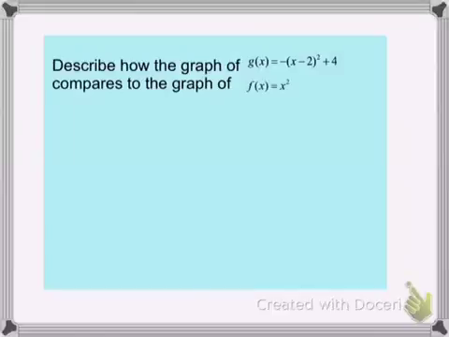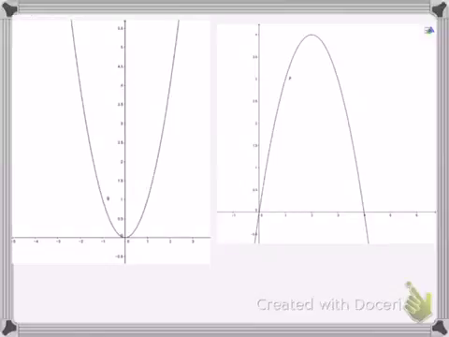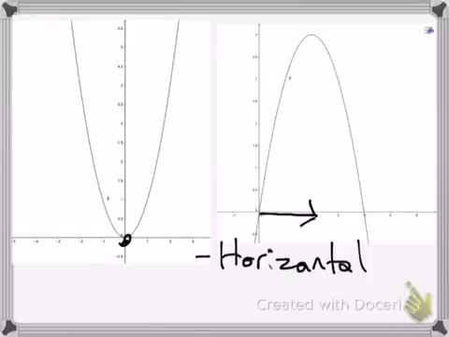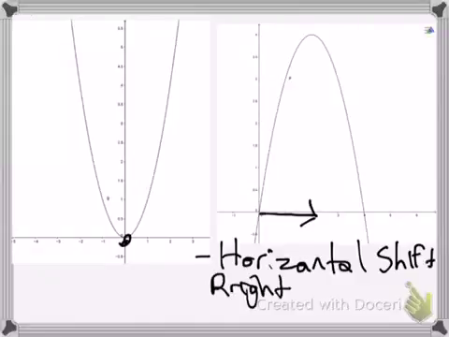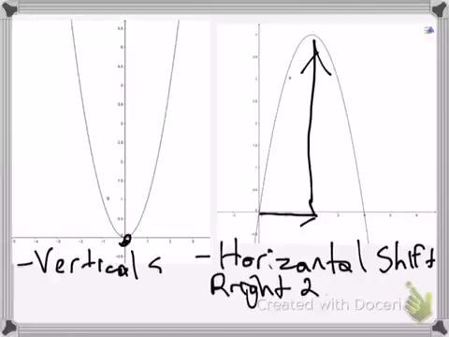Right here, negative (x minus 2) squared plus 4. How does this graph compare? Look right here, we see from 0, 0, it went right 2. Alright, so it's a horizontal shift right 2. It goes up 4. So that's a vertical shift up 4.